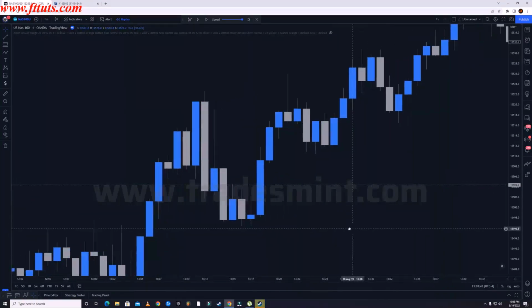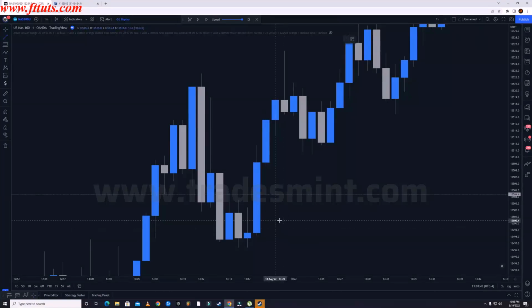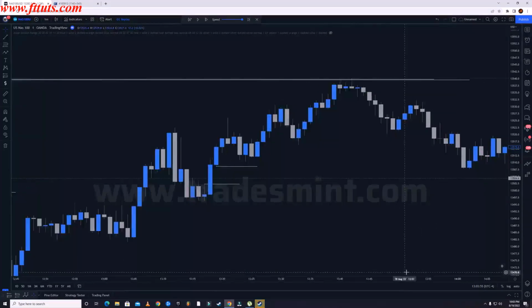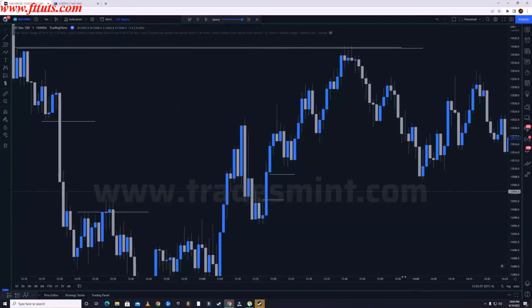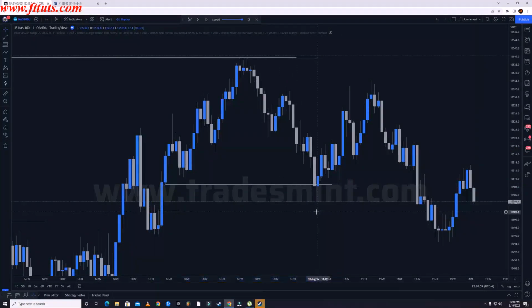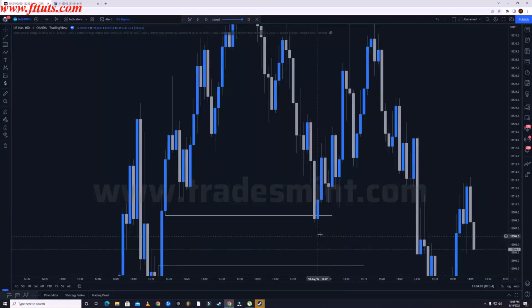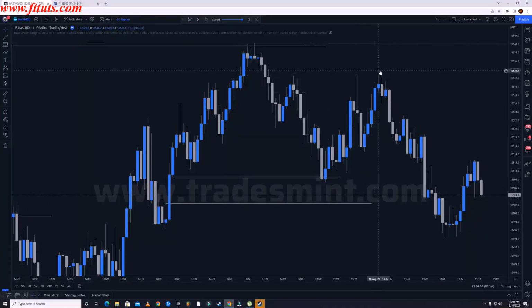When we're looking for buys, we look at the very high of the first candle and the low of the third candle, and then we wait for the price to fill this level. And as you can see, if we draw this out, price filled this level, filled this imbalance or fair value gap, and it went all the way up.